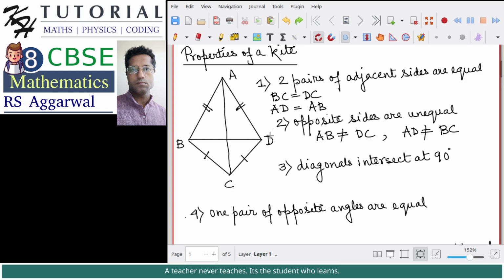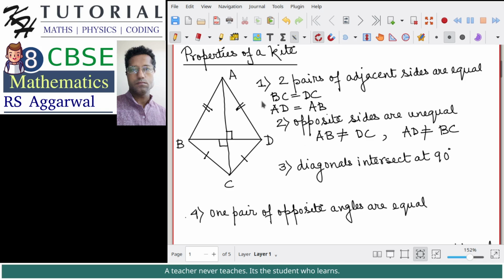So AC is the other diagonal. We must have the diagonals intersect at 90 degrees. So this will be 90 degrees as well as this will be 90 degrees. So this is one very important property of a kite, that the diagonals intersect at 90 degrees.